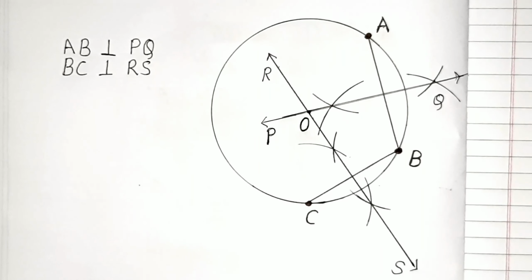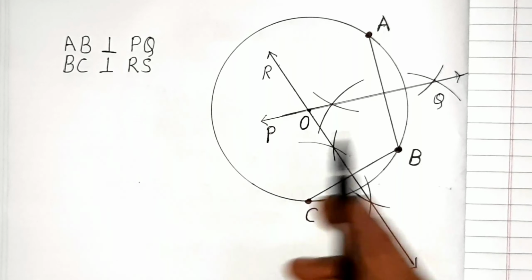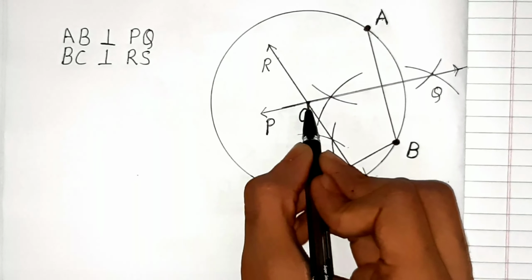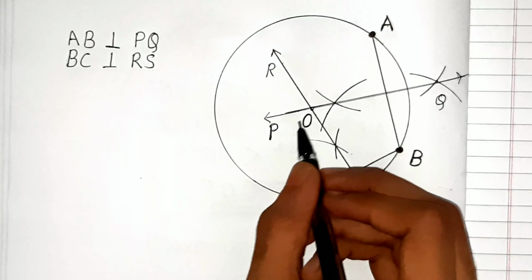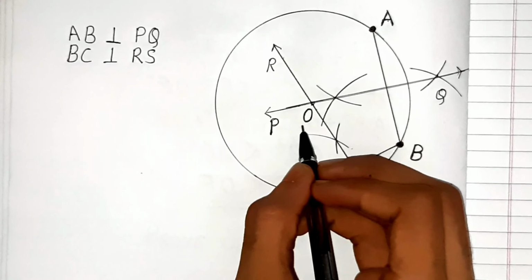Now that means PQ and RS, the point where PQ and RS intersect, that is point O, would be our center. And there is always only and only one point where two lines can intersect.